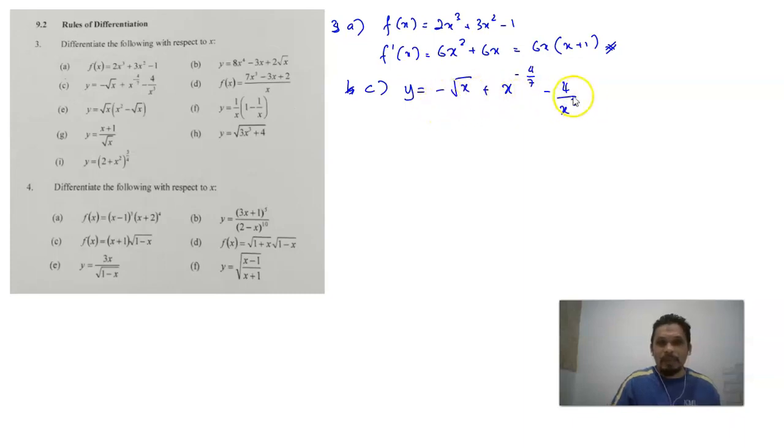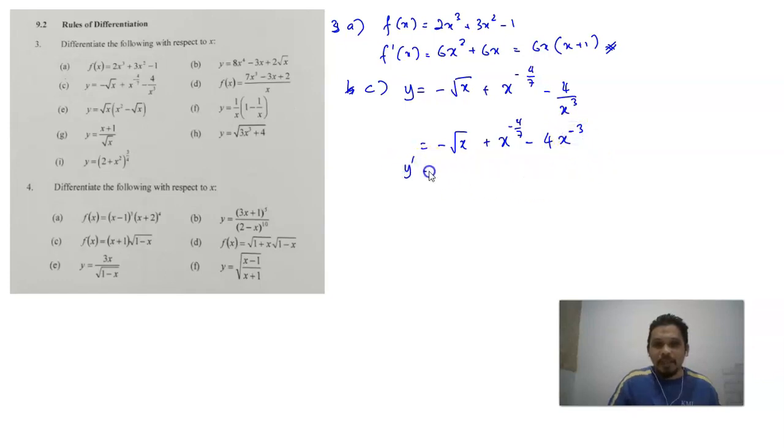Before we differentiate, let's simplify this. Negative square root of x plus x to the power of negative 4 over 7 minus 4 divided by x cubed. Let's make it like this one. I bring this above, come out with x to the power of negative 3.